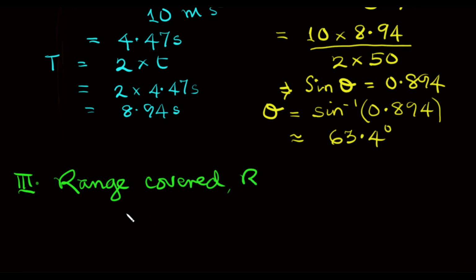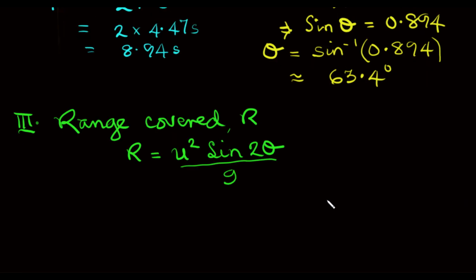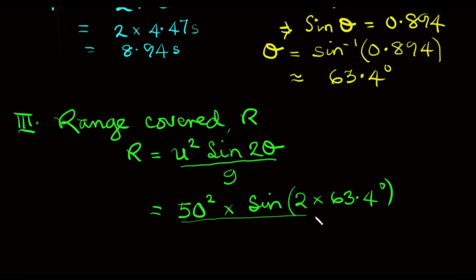That's capital R. We use the formula for range, which is R equals u squared sine 2 theta all over g. Then substitute the values of u, theta, and g into the equation to obtain 50 squared times sine 2 times 63.4 degrees all over 10.